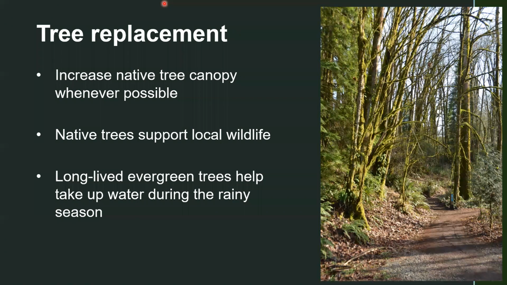What I can say as well is that we have some very clear goals in our tree replacement strategy. Our goals are to jumpstart the forest around the Coal Creek natural area toward a more resilient direction. Right now, there's a great tree canopy there, but it's a lot of deciduous trees, a lot of trees that lose their leaves at the end of the fall. And those trees are also not particularly long-lived.